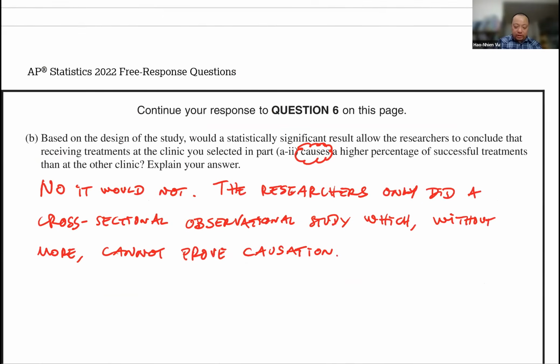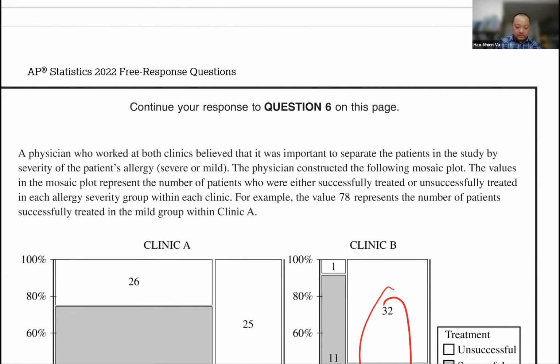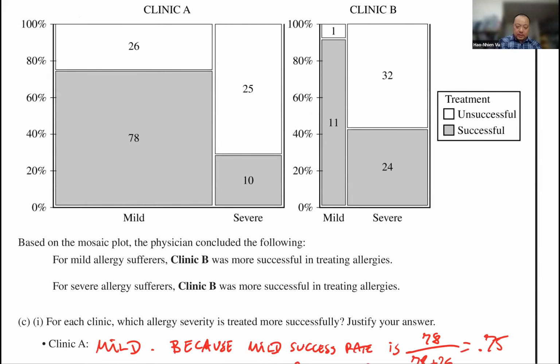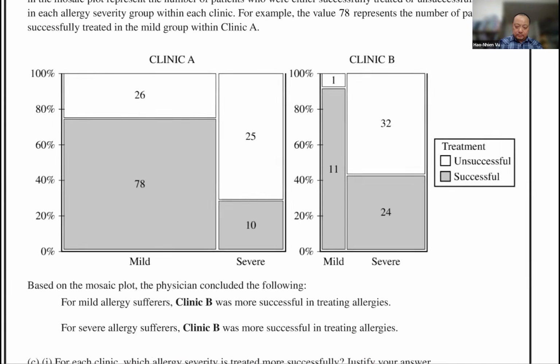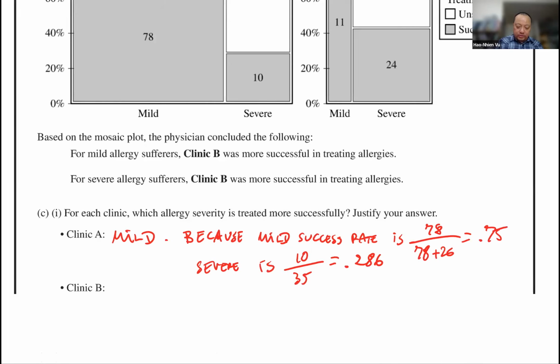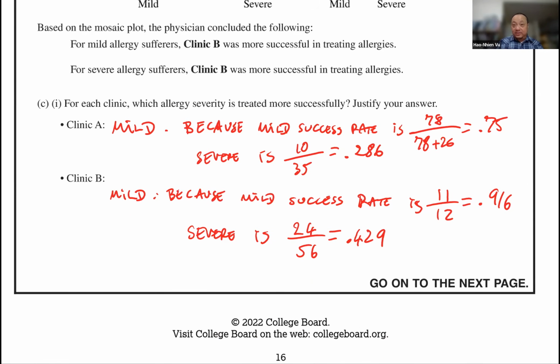But when the physician broke down into different types of allergies, then the numbers also show that Clinic B is more successful in each type. How can it be that Clinic B is better than A in every single category, but when you lump them all together, A comes out ahead? And they tell us that we should be looking at part C for the answer.